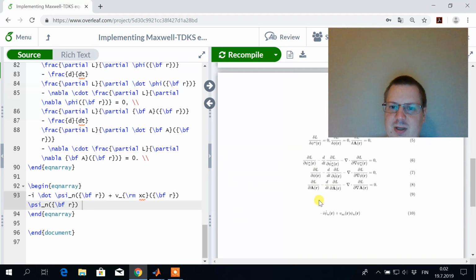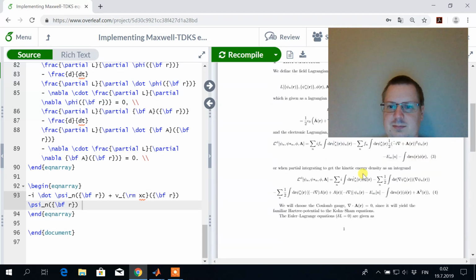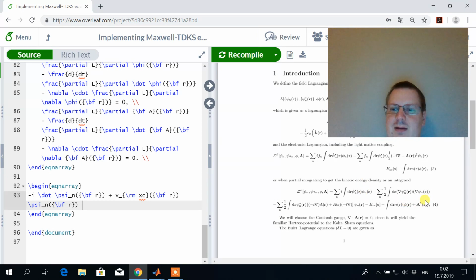So we take the partial derivative of the Lagrangian with respect to psi star, and that will yield del psi n half, and that one will be daggered, so we'll get minus 1/2 nabla dot nabla psi n, so that's the Laplacian.